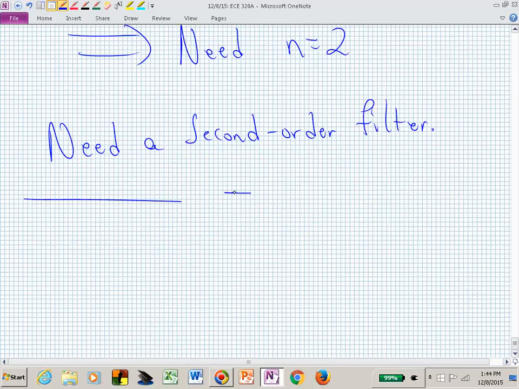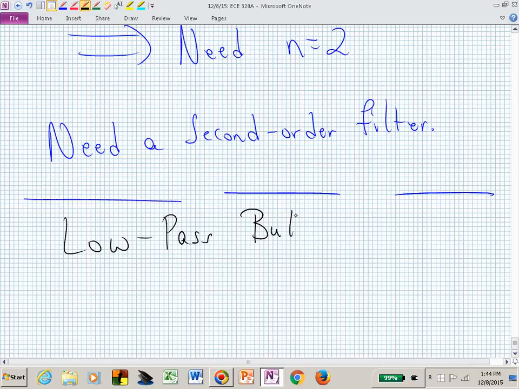Let's write down the steps for a Butterworth filter design, and I may offline have to give you a third order. Let me write those down. I can do that in the remaining time. Here is a low-pass Butterworth.